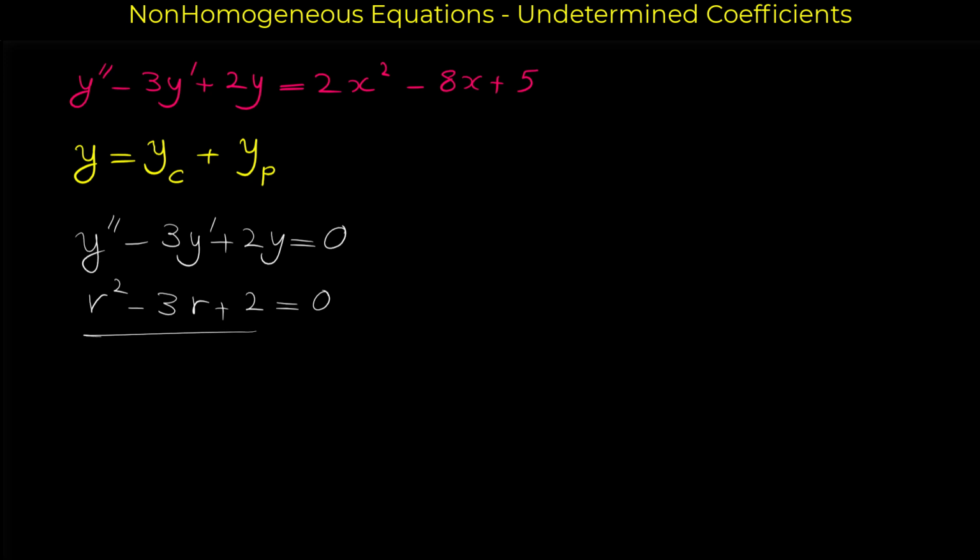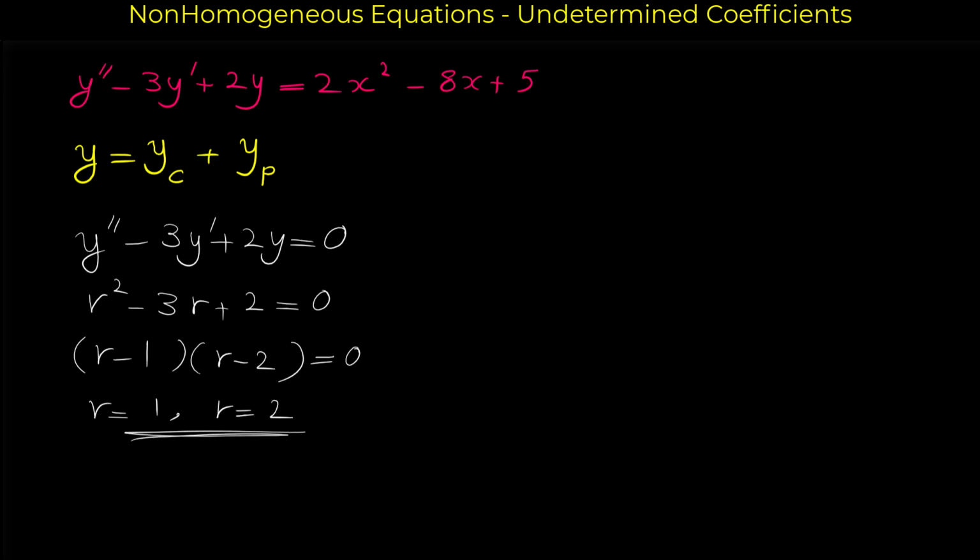For finding r from this characteristic equation, we can factor it, or we can use the quadratic formula. Because this is really simple, we can factor it, and from here, r equals 1 and r equals 2.